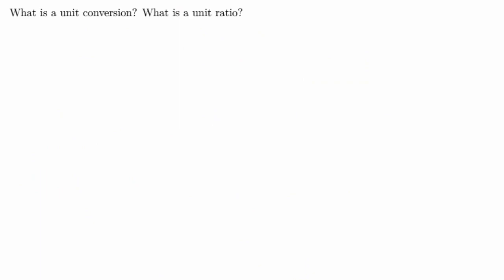Now that we've done a few familiar examples, let's summarize what a unit conversion is and what a unit ratio is. So we're asked, what is a unit conversion? What is a unit ratio? So a unit conversion is a systematic method for converting from one type of unit of measure to another.